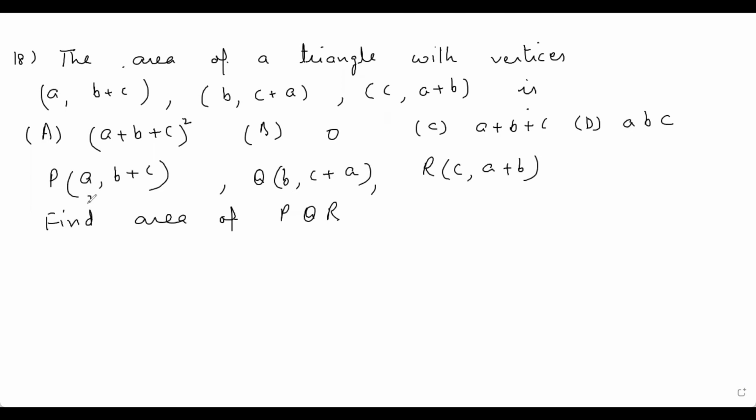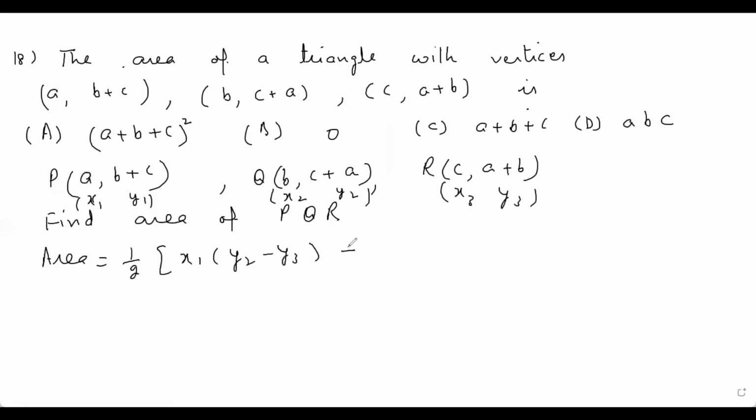Now let this point be (x1, y1), this point (x2, y2), and this point (x3, y3). Write the formula for area, which is equal to half times x1(y2 minus y3) plus x2(y3 minus y1) plus x3(y1 minus y2).